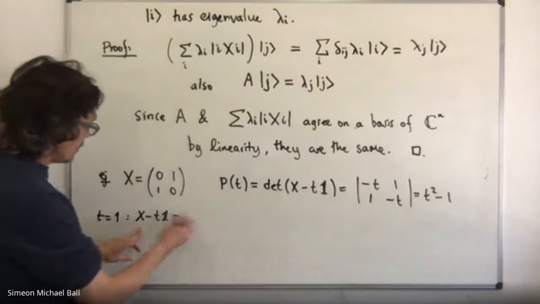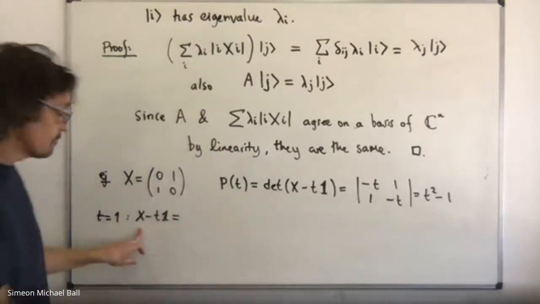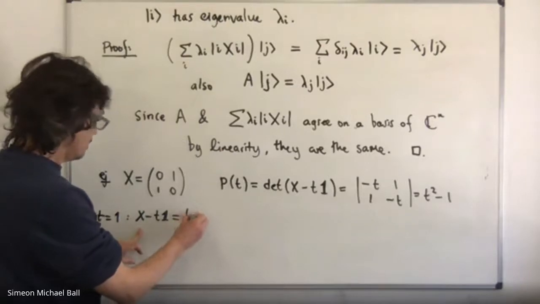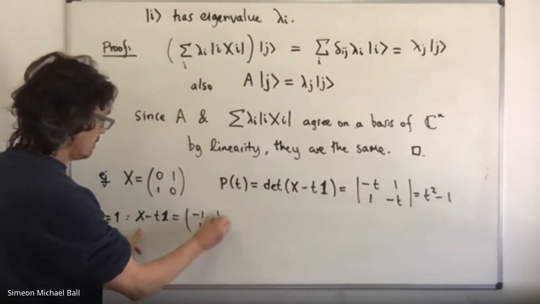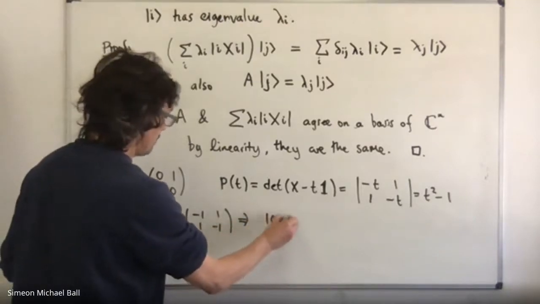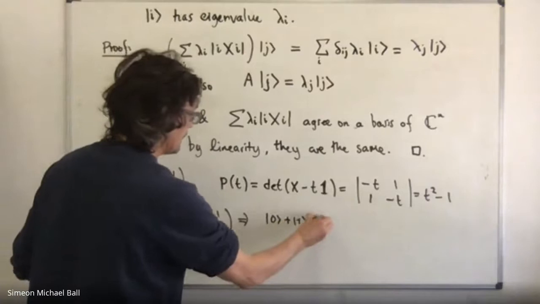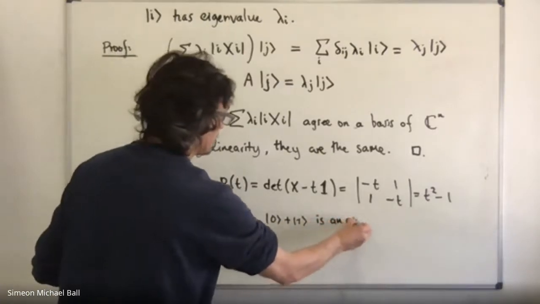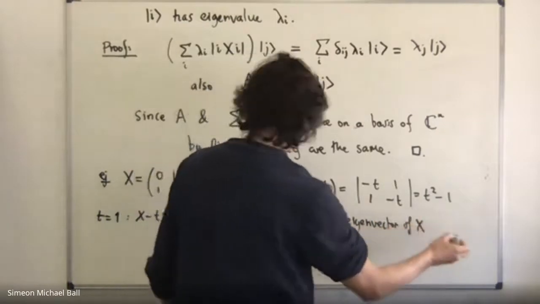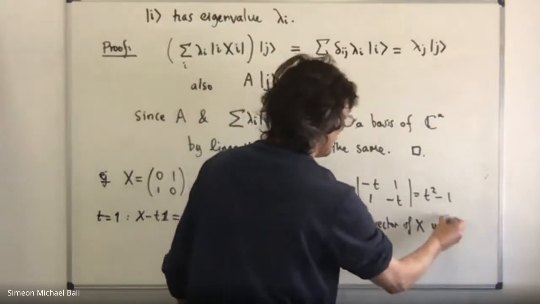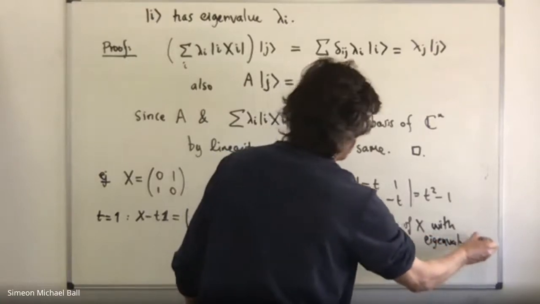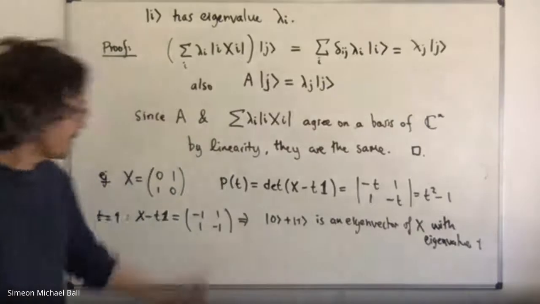So it must have something in its right nucleus, which will be your eigenvector. And so 0 plus 1 is an eigenvector of x with eigenvalue 1, which we could have guessed, right, because it's just a bit flip.